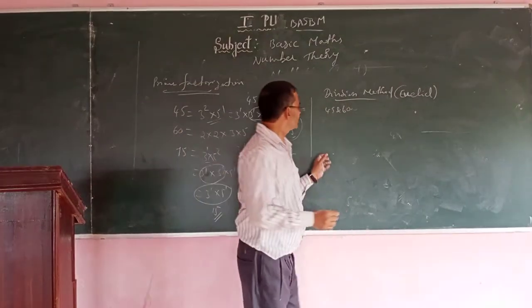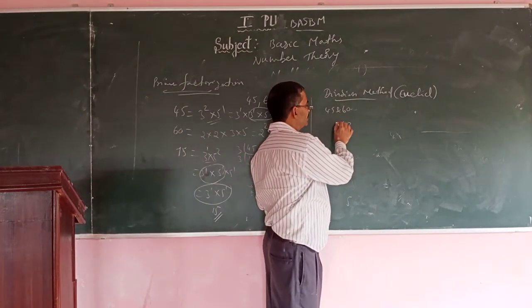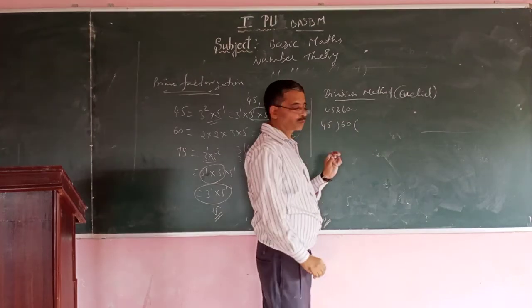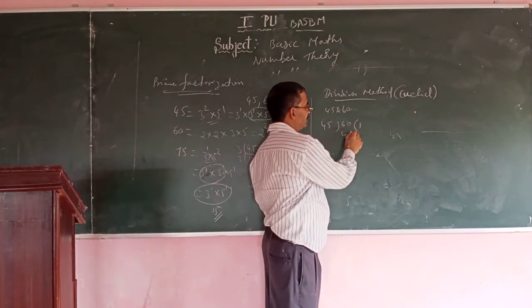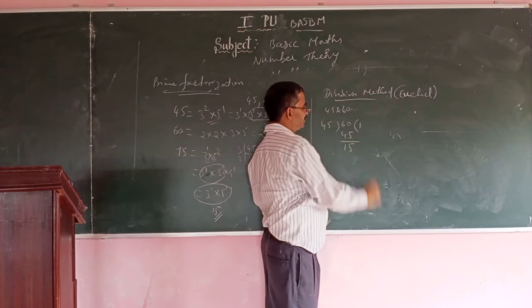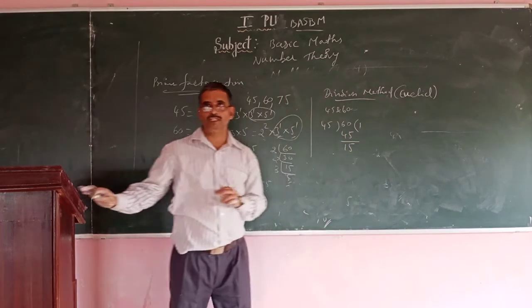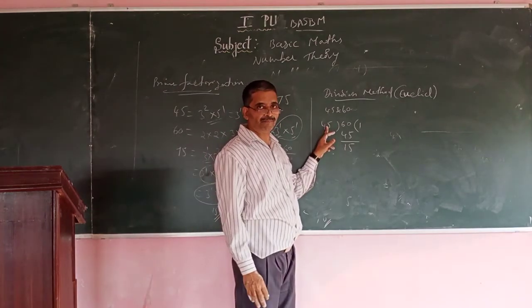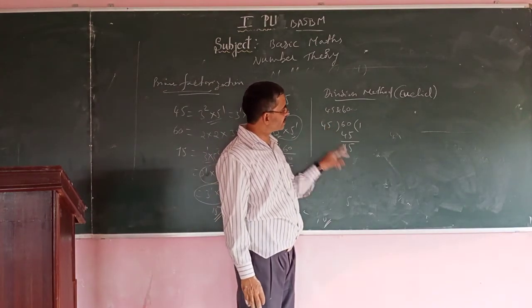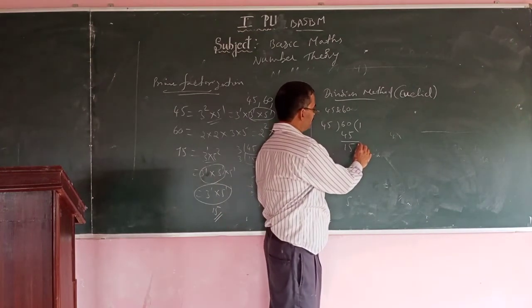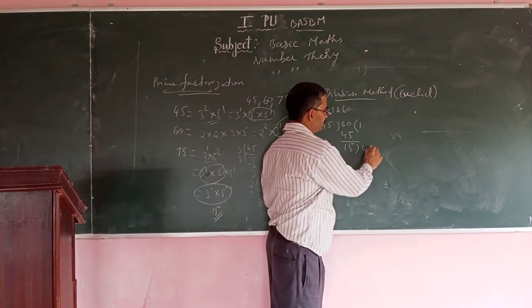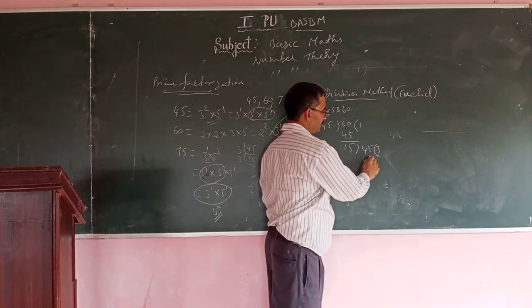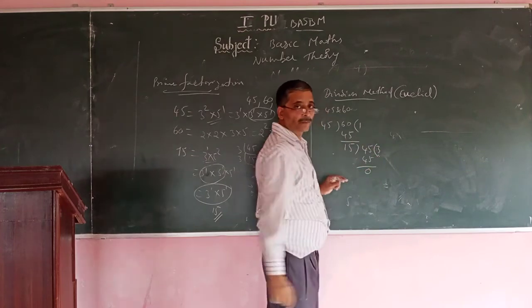45 and 60 is there. What you will do is take the bigger number 60 here, divide by 45. So 1, 45 divided by, remainder 15. Now what you will do is take this as the number, this as the quotient. So again divide. Now 45 by 15, 15 into 3 is 45. You know that. Now remainder is 0.